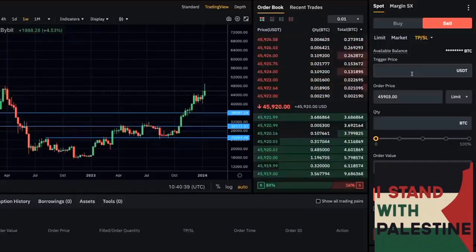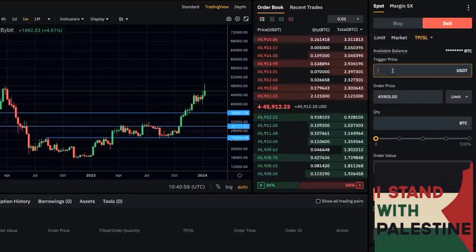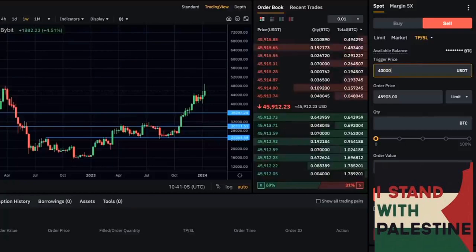So this is usually used for more active trades. Investors really aren't going to use this because they're going to be just buying and dollar cost averaging over time. But for more active trading, you can set a trigger price. So let's say that I want to sell my Bitcoin, some amount of it. The trigger price is the price at which the order will be triggered into existence. So we're going to put that at 40,000.